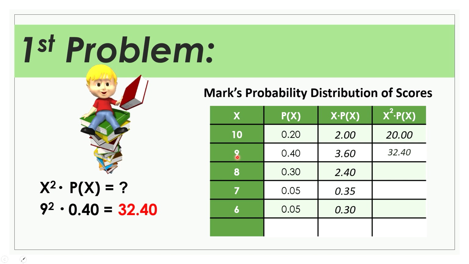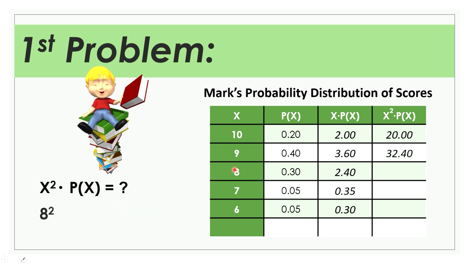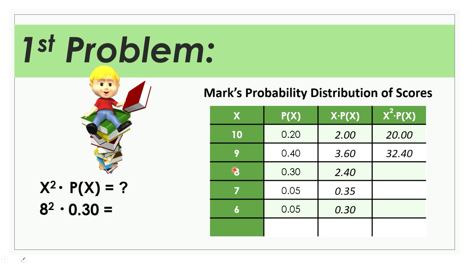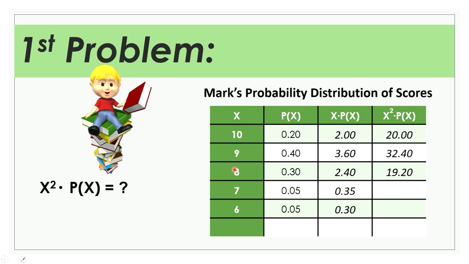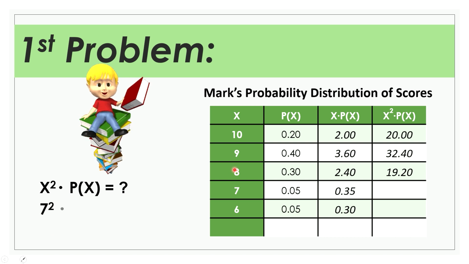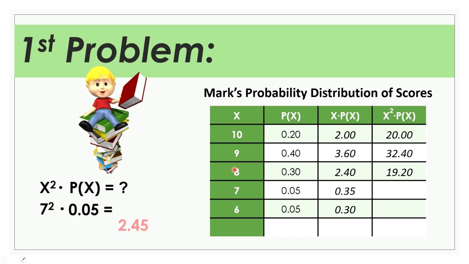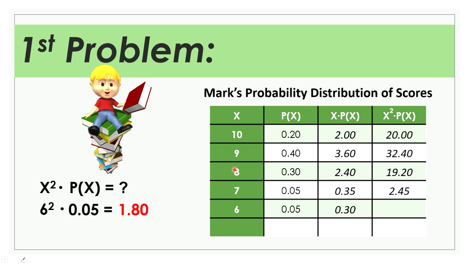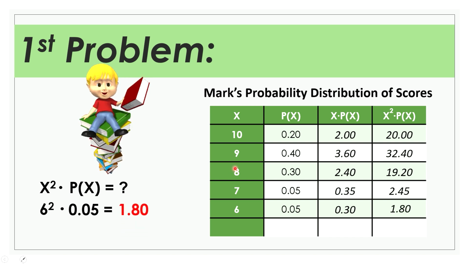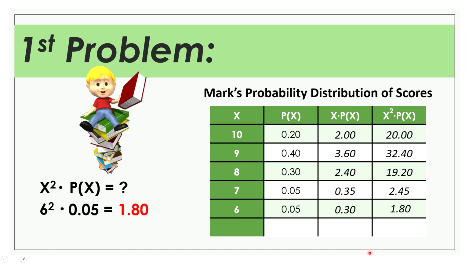And then the next one is 8 squared multiplied by 0.30 is equal to 19.20. And then this next one is 7 squared multiplied by 0.05 is equal to 2.45. And then the last one is 6 squared multiplied by 0.05 is equal to 1.80. So na-solve na natin yung mga ating unknown variables or unknown value.